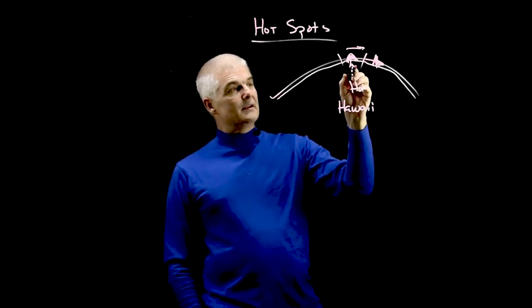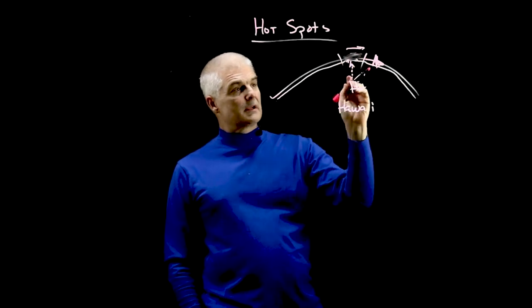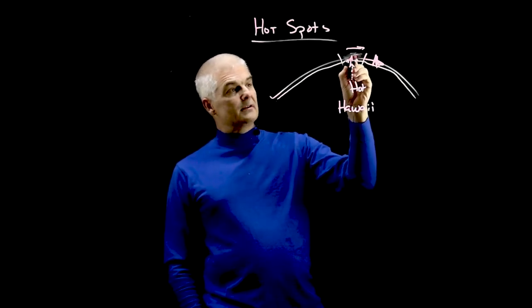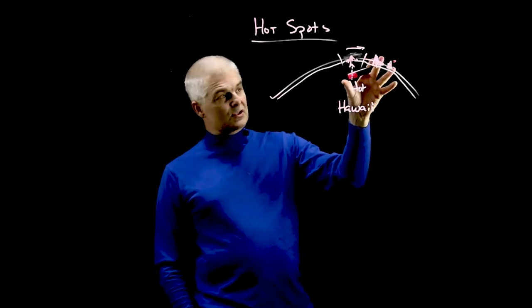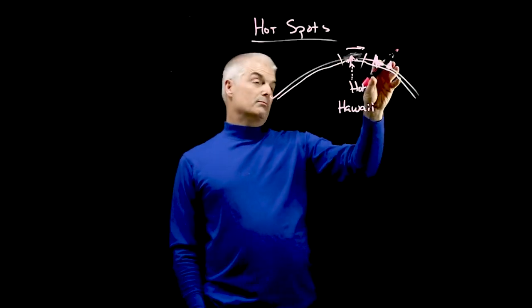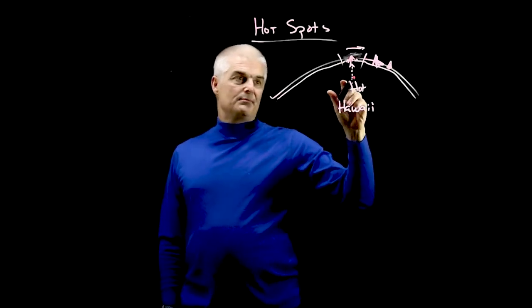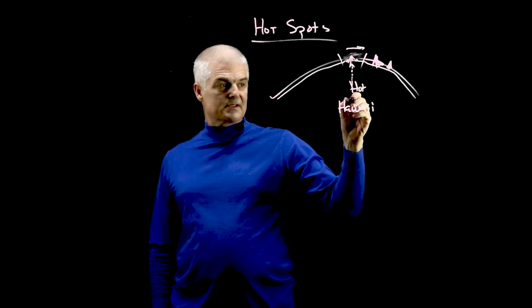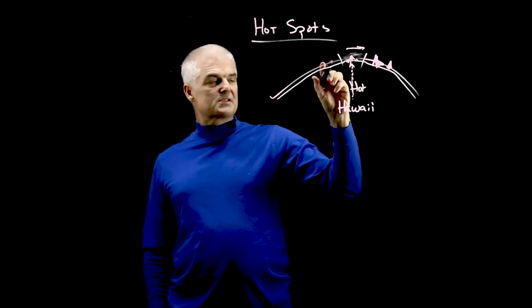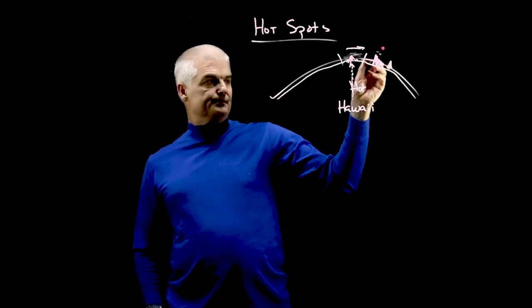Then it's going to form a new island here. And what you get is a chain of islands. It's actually the islands on the crust that are moving. The source of heat, if you will, is coming from the exact same place in the center of the Earth. But since the plates are moving, you can see this.